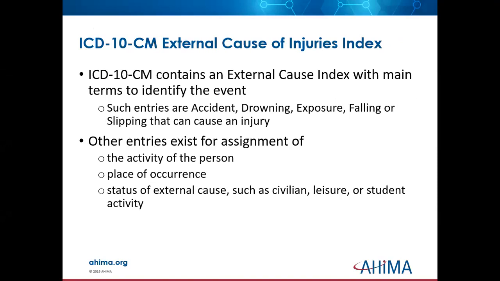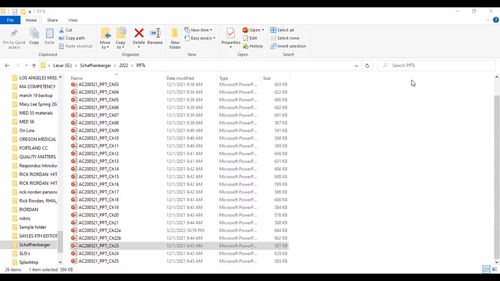ICD-10-CM has an external cause index, and this is where you find all of these codes. The entries and the main terms are accident, drowning, exposure, falling, slipping. Let's take a look at the external cause index, or as some refer to it, the table. By this time in the course, you are, of course, familiar with the index to injuries and diseases.